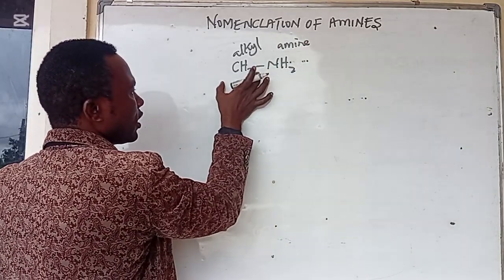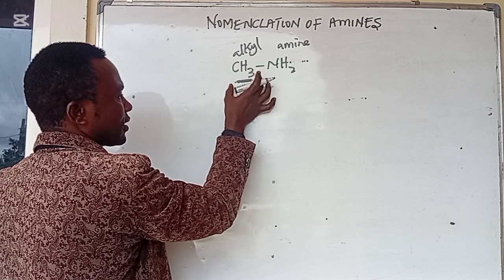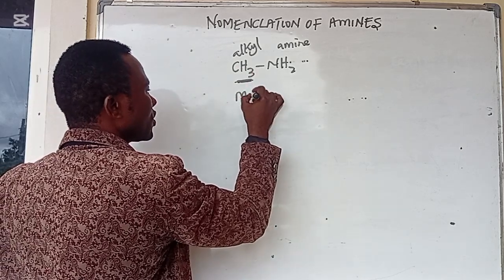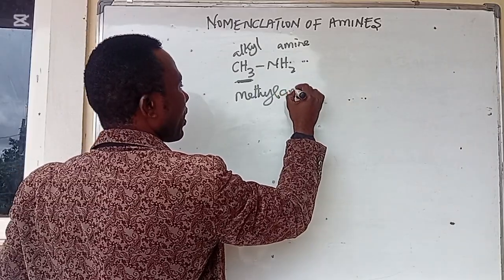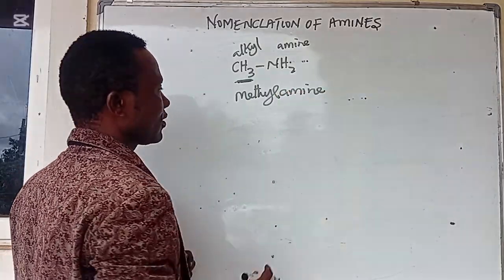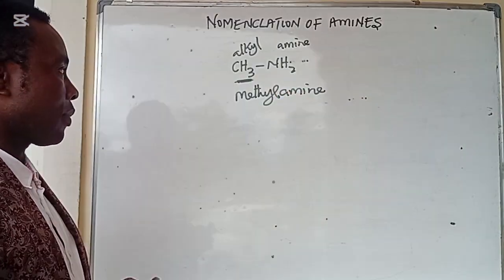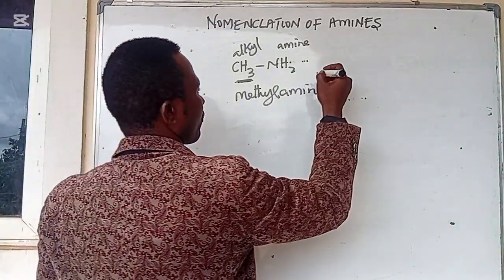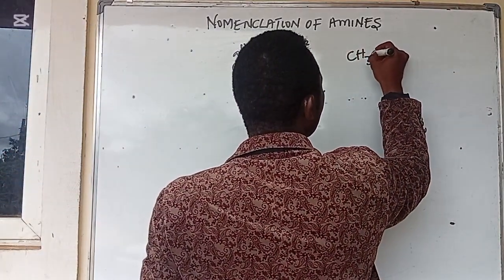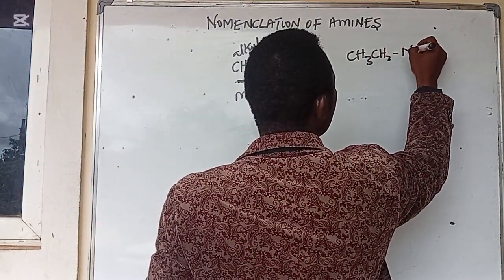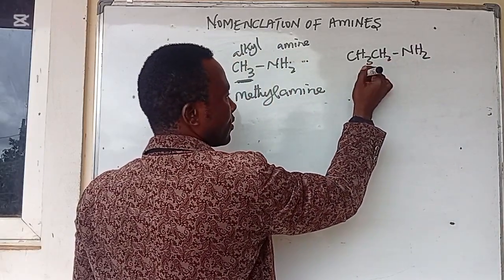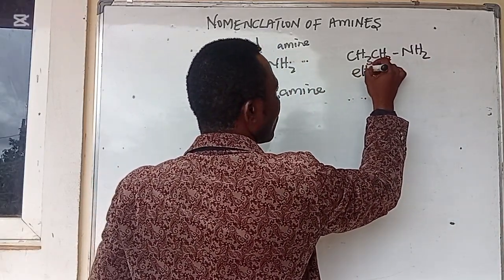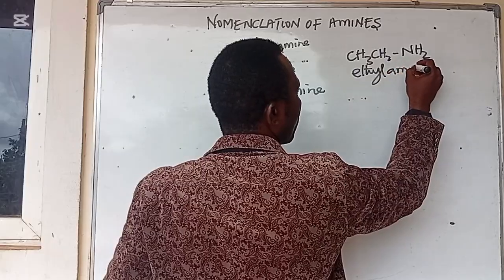So if I want to name this alkyl group, that is one carbon, that is methyl, followed by amine. So that is methylamine. Now, if I have CH3CH2NH2, this is what? Ethyl, so ethylamine.